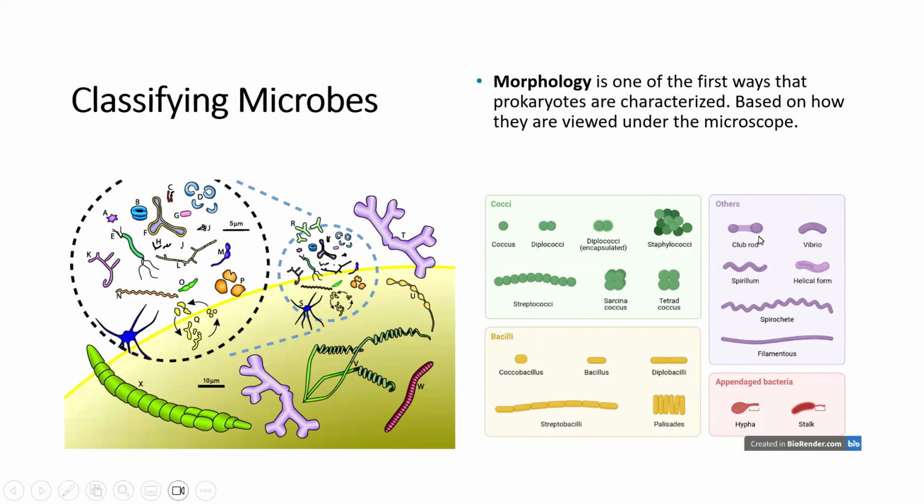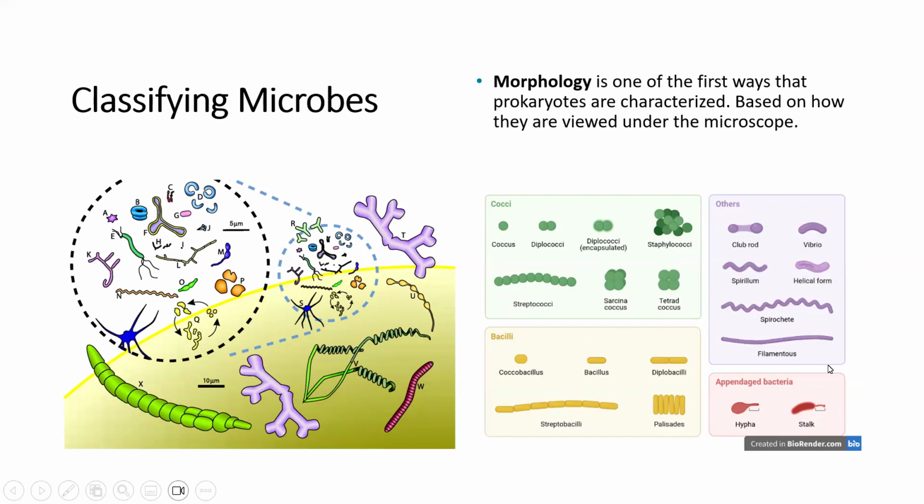Then you have some others that are kind of common. You got these variations on the rod, like the vibrio or the curved rod, or you have these helical rods. You have these spirochetes, which are little spirals. You got these really long rods that are filamentous. You get these club-shaped rods, and then you get these other different types of spirals. You get some organisms that have these appendages, like these hyphae and stalks.